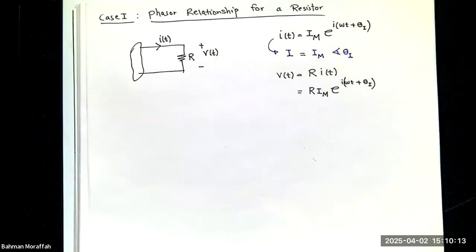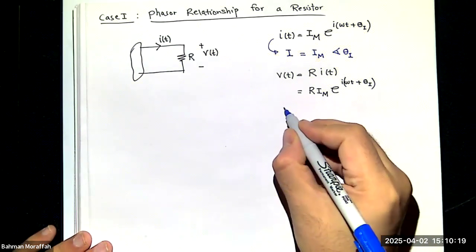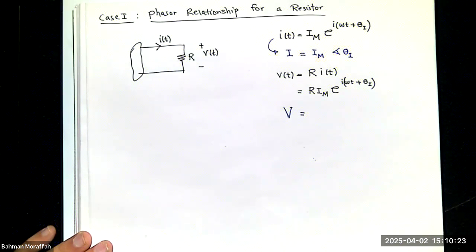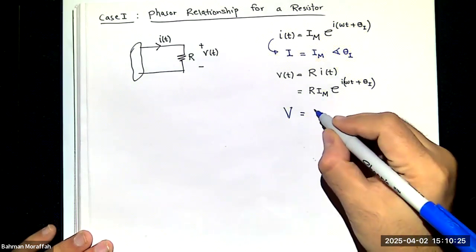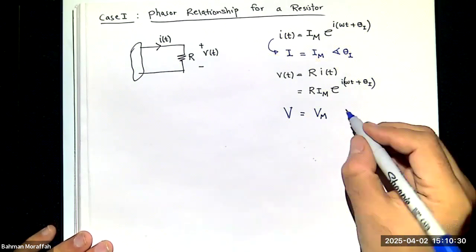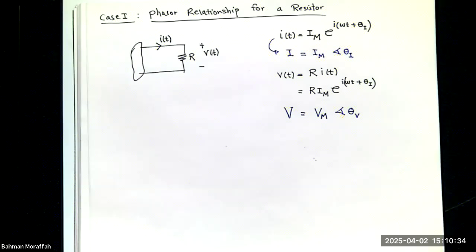Let me quickly write down the phasor representation of this V. The phasor representation of V is some Vm, which is the magnitude of V, and θV. It's a phasor representation. If I compare this to this, what is Vm?